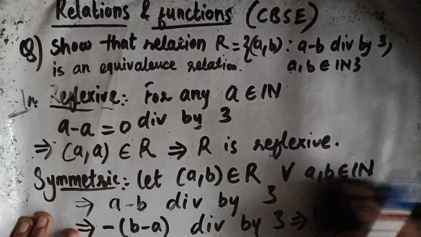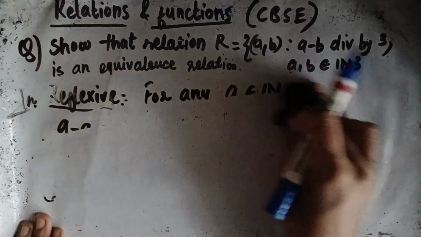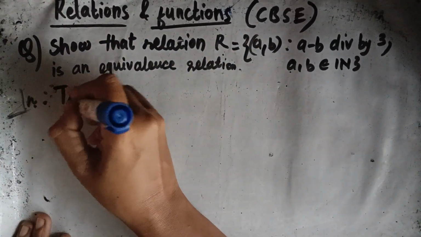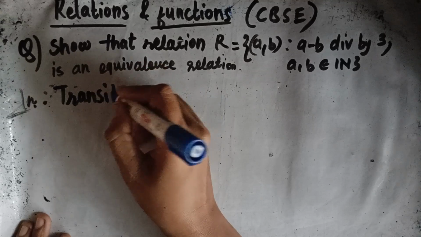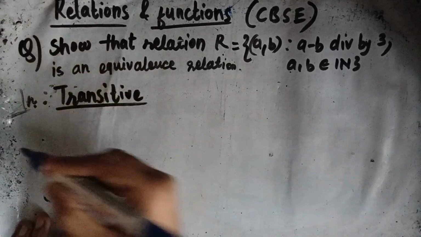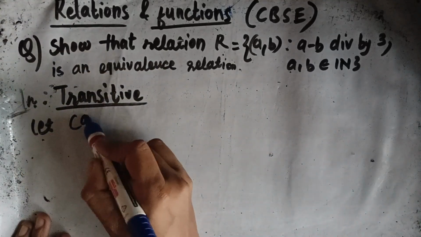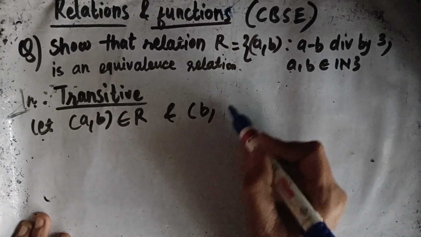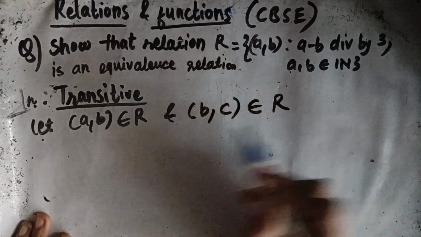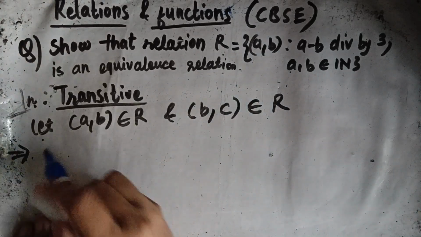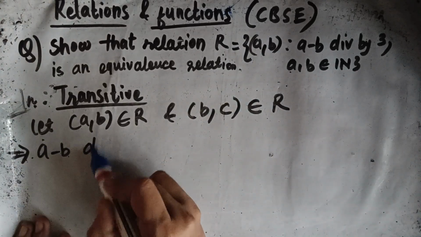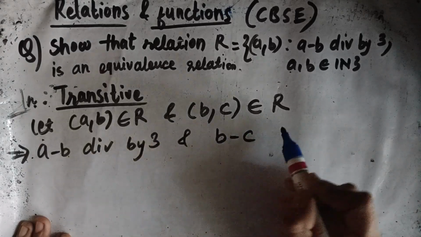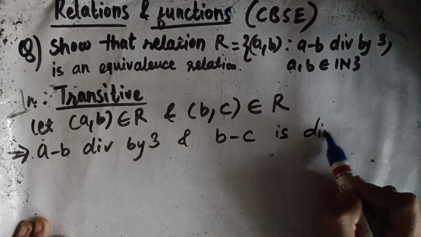Now we'll prove transitive. Again you have to choose two elements, that is let (a, b) belong to R and (b, c) belong to R. According to definition, a minus b is divisible by 3 and b minus c is divisible by 3.